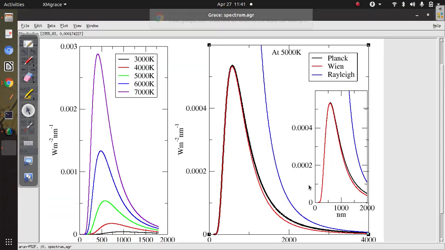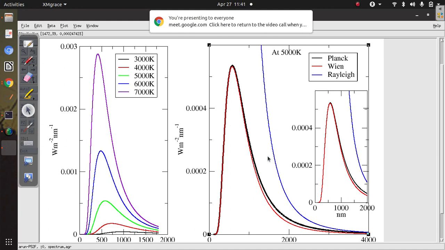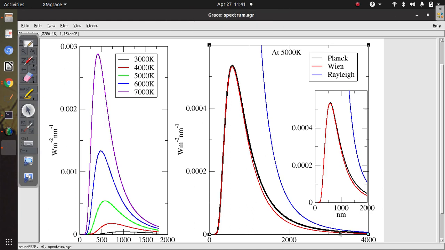Now is it visible? Okay, wait. So that means now it is resembling at higher wavelengths.